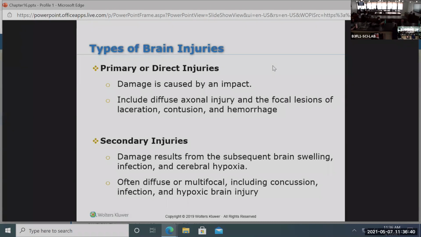It might cause diffuse external injury or focal lesions of laceration. Please highlight contusion and hemorrhage. Secondary injuries, damage results from subsequent brain swelling, infection, and cerebral hypoxia.